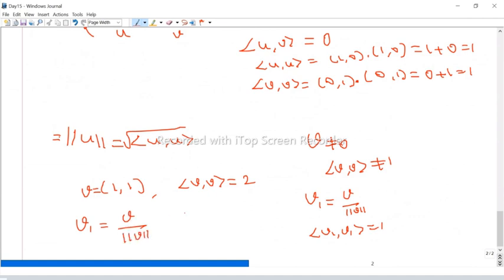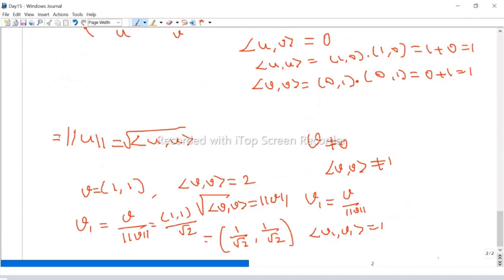The norm of v is the square root of the inner product of v comma v, which we found is 2. Taking the square root, we get (1, 1) divided by root 2, so each term is divided by root 2. Therefore the vector is (1 by root 2, 1 by root 2).